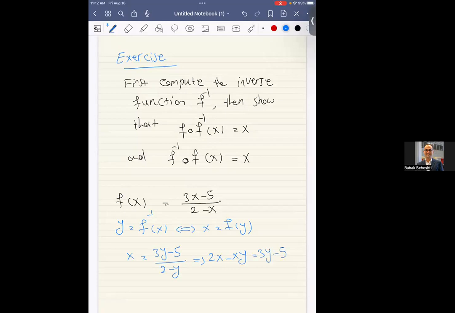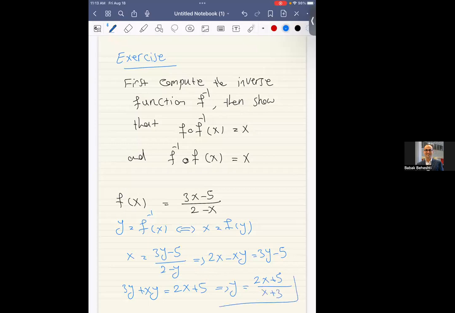So that means 3y plus xy equal to 2x plus 5. So y plus xy... that's right, 2x plus 5. So y is equal to 2x plus 5 divided by x plus 3.